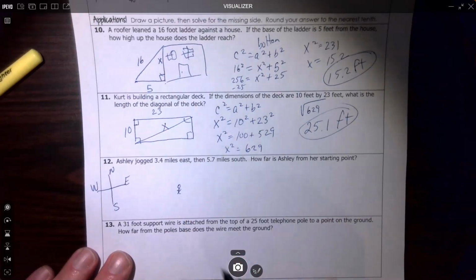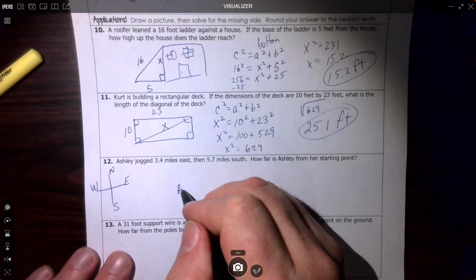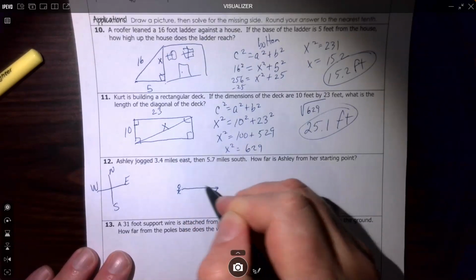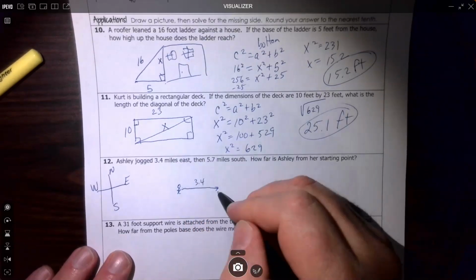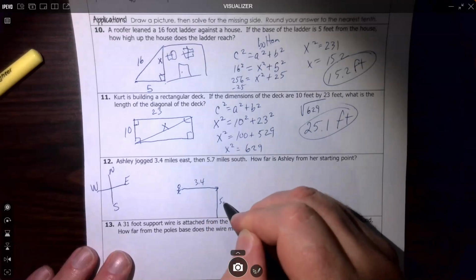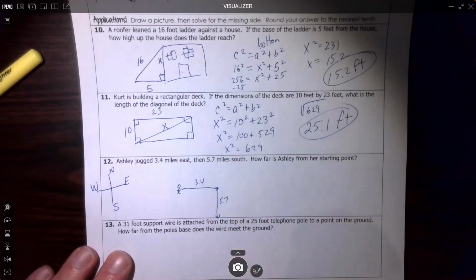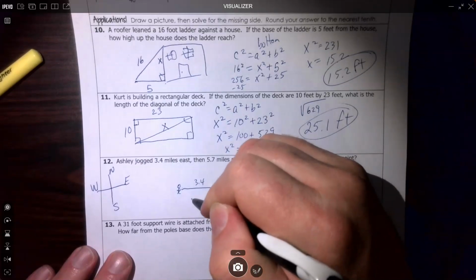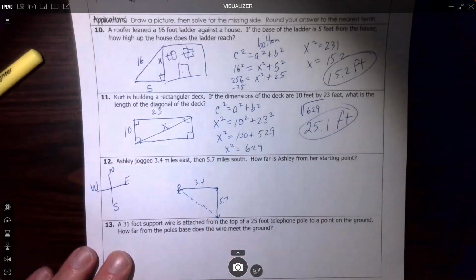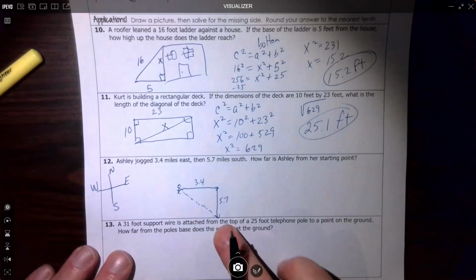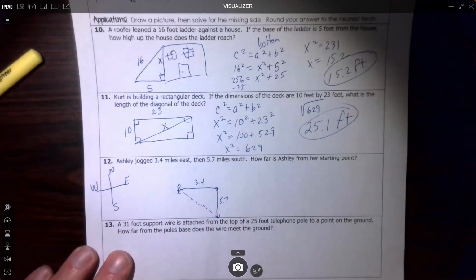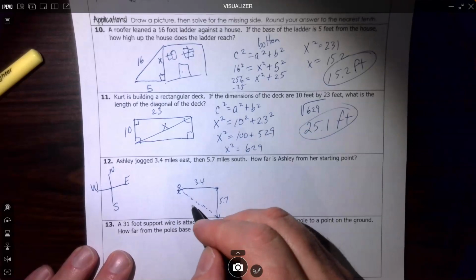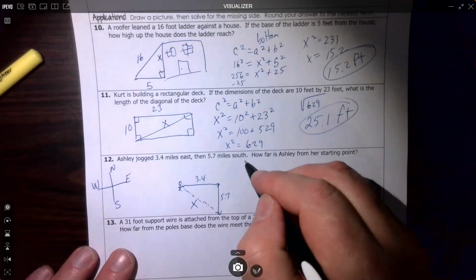And she traveled 3.4 miles east. Okay. Then she traveled 5.7 south, and they want to know how far she is from the starting point. So the shortest distance between 2 points is a line. So we draw a line from where she stopped to where she began. And again, I'm looking for x, so I'm looking for the hypotenuse again.